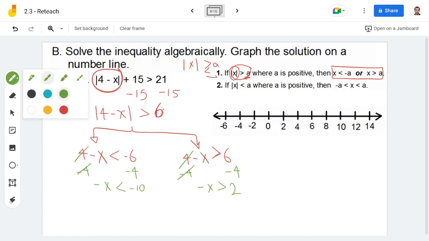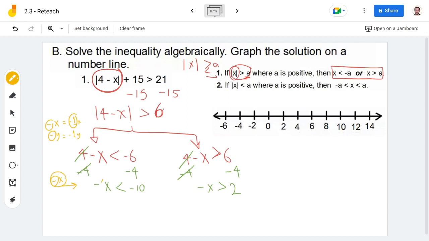Now, because we have negative x, let me give you an example. When we have negative x, it means negative 1x. Say negative y means negative 1y. The negative sign alone always represents negative 1.